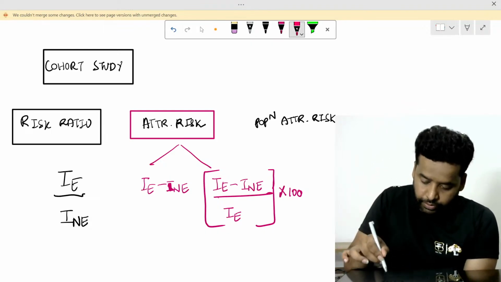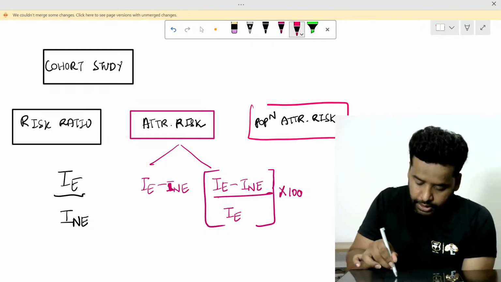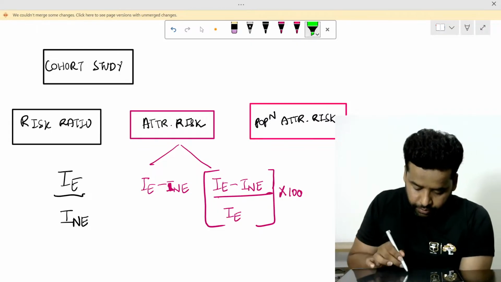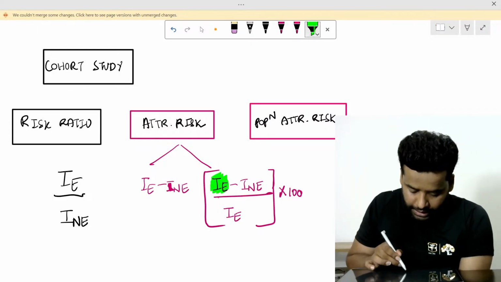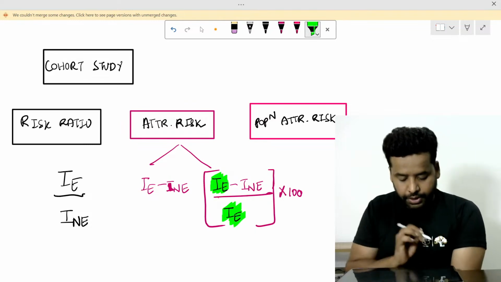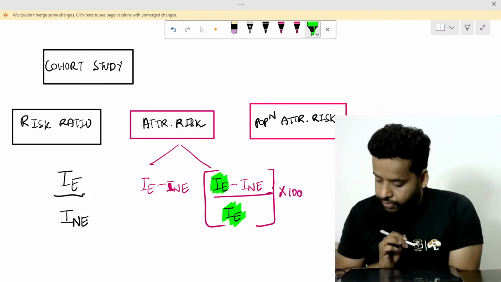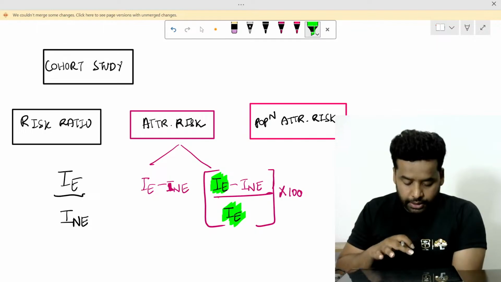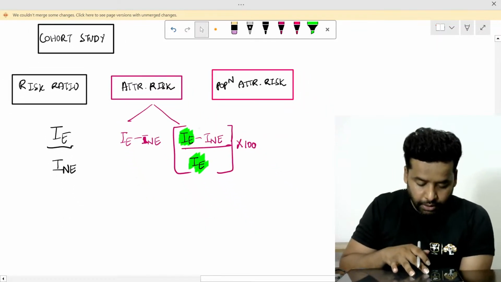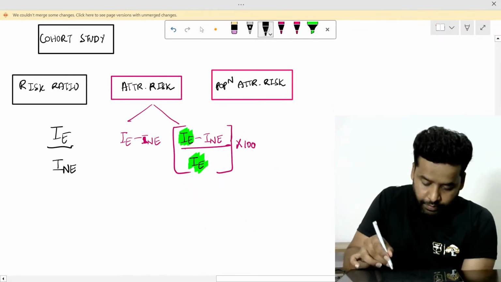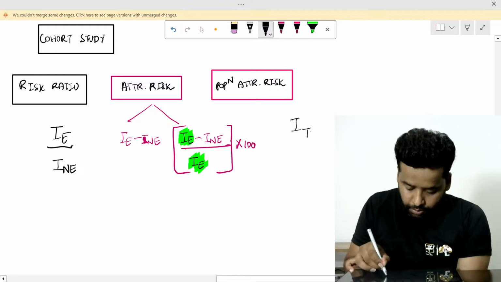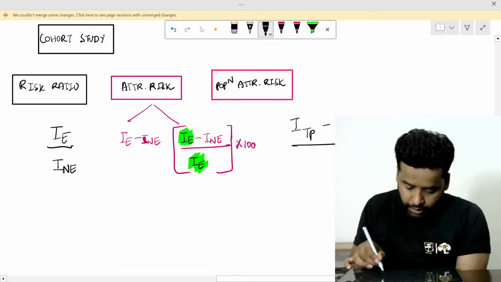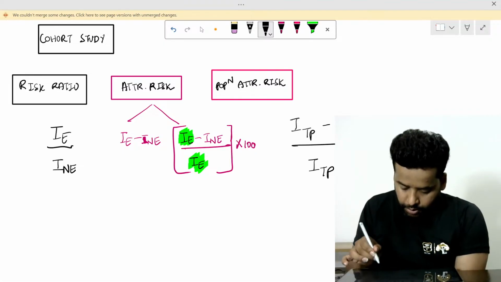But in place of exposed group, if I put incidence in total population, then your formula will change. Incidence in total population minus incidence in non-exposed divided by incidence in total population.